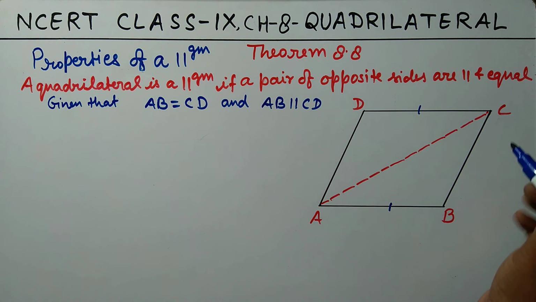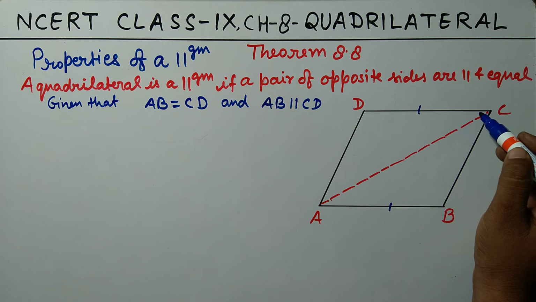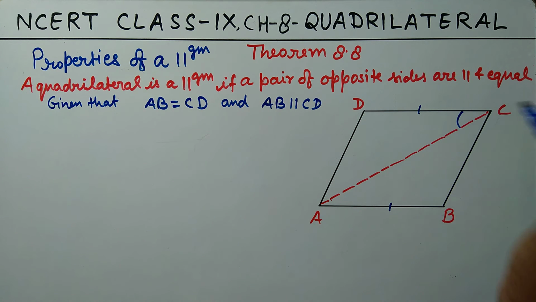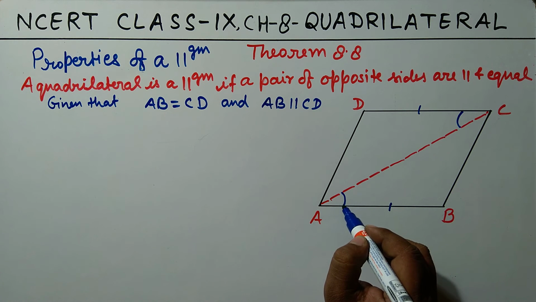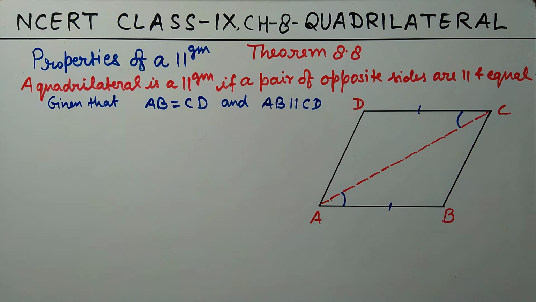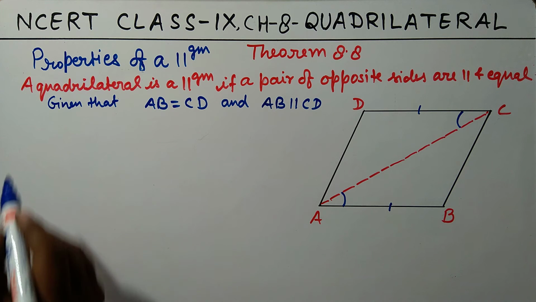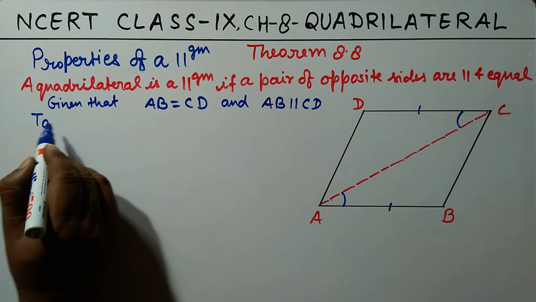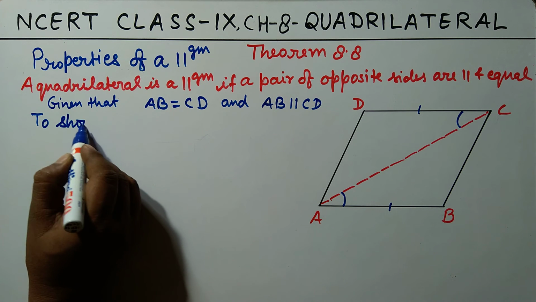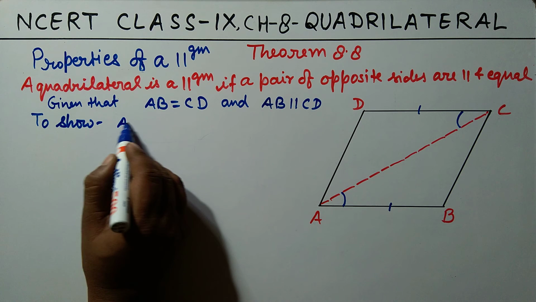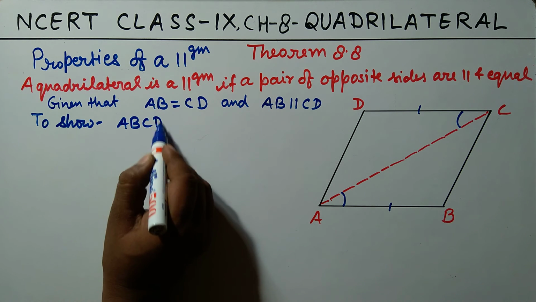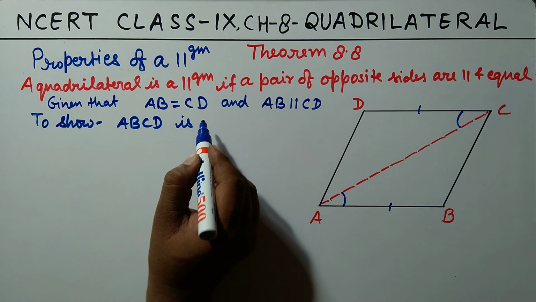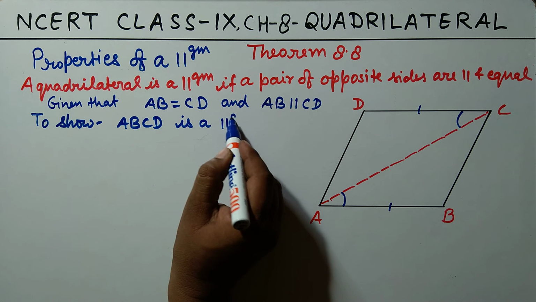AB parallel to CD means this angle equal to this angle, where it is necessary we use it. And what we have to show? We have to show ABCD is a parallelogram.